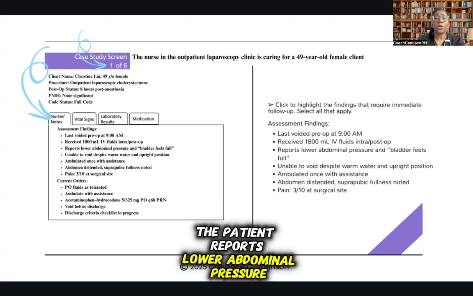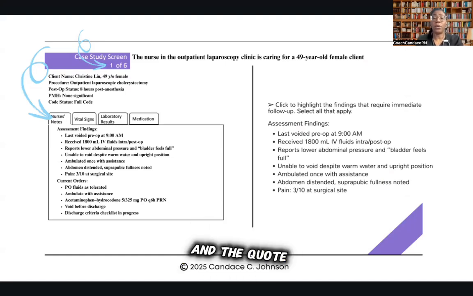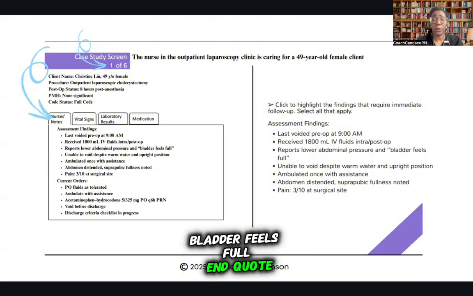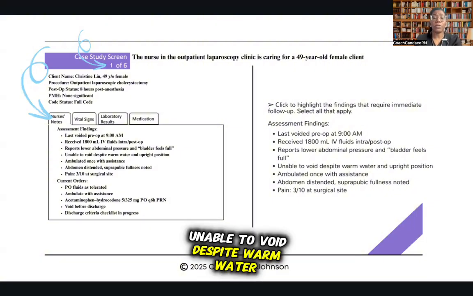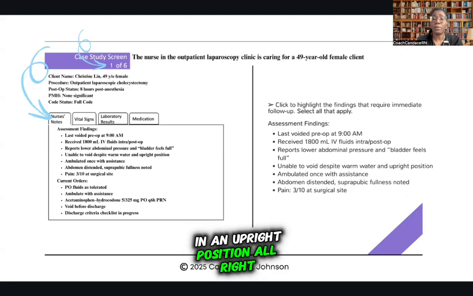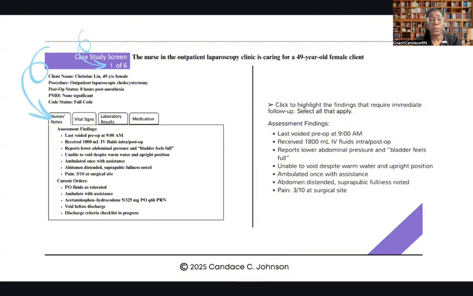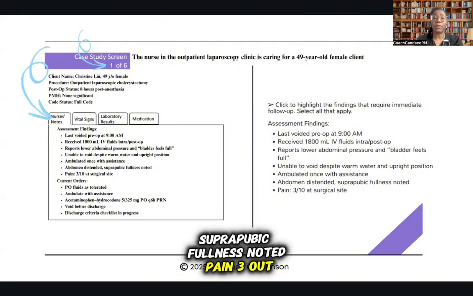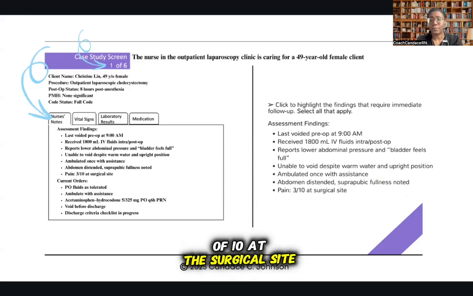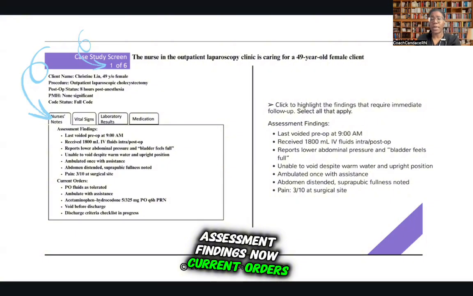The patient reports lower abdominal pressure and, quote, "bladder feels full," end quote. Unable to void despite warm water in an upright position. Ambulated once with assistance, abdomen distended, suprapubic fullness noted, pain 3 out of 10 at the surgical site. All right, those are all the assessment findings.